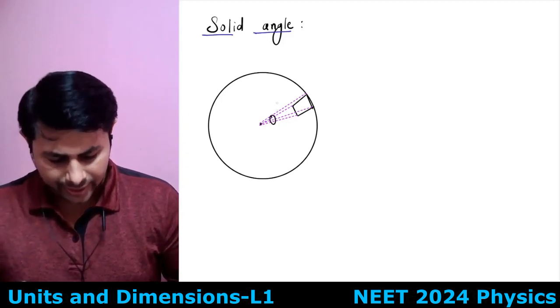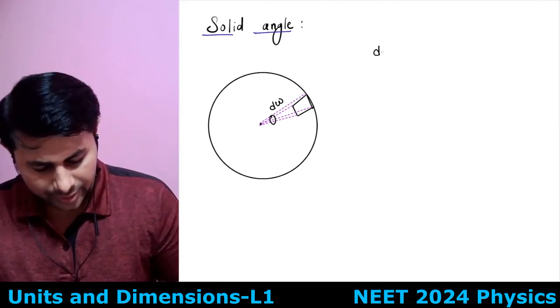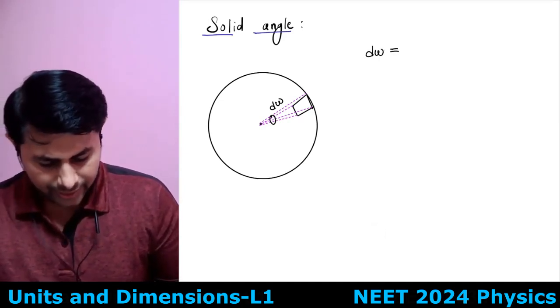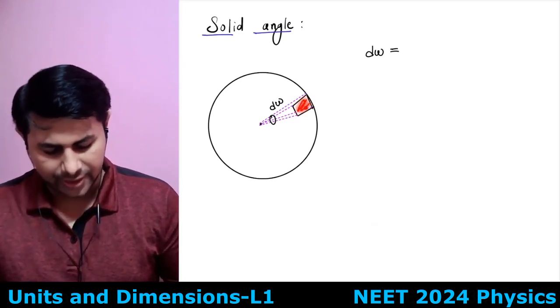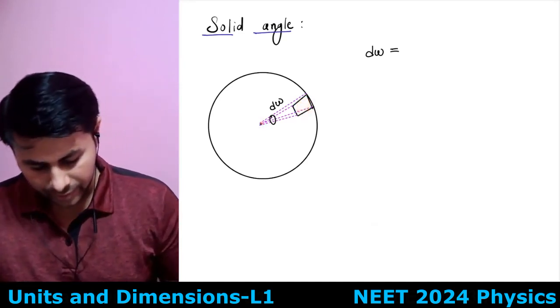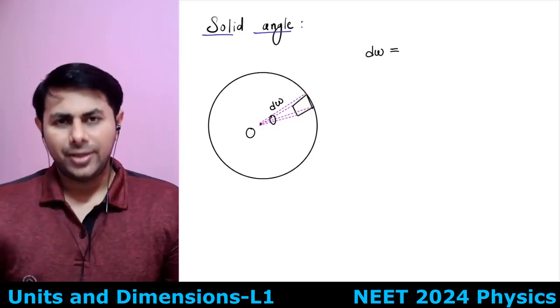Let's denote it by d omega. So d omega is my solid angle, and it is subtended by this area at the center of the sphere. Now how do we define this solid angle?